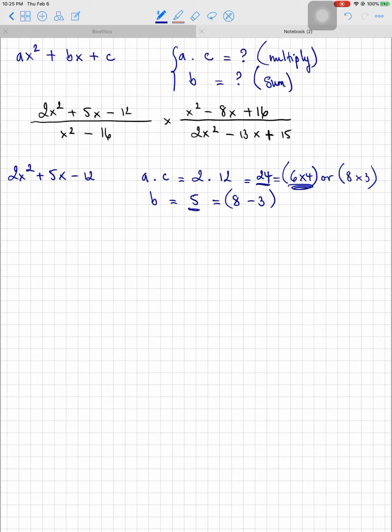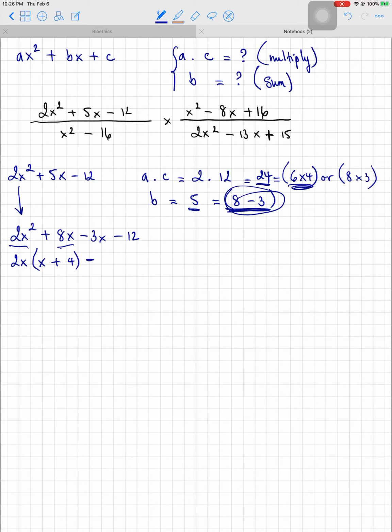So now we know it's 8 and 3. We're gonna rewrite this equation as 2x squared plus 8x minus 3x minus 12. And we can factor the 2x out right here: 2x times x plus 4.